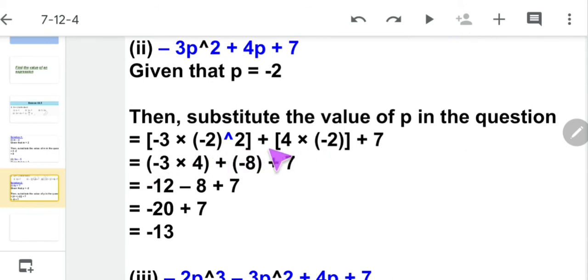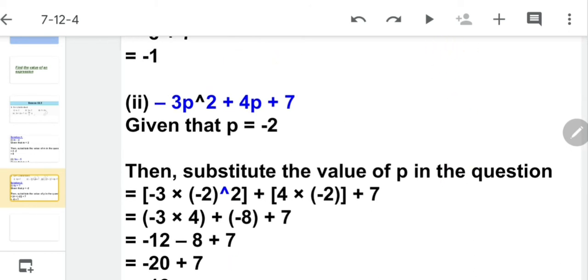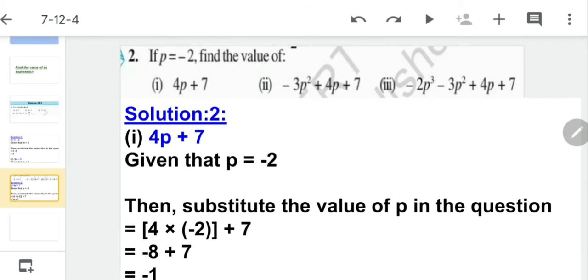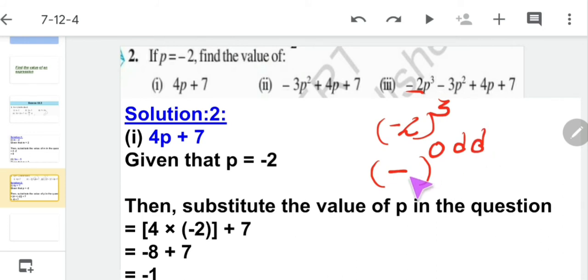This is the same way as I have already explained. Now let's look at the third part. You can see here we have -2 into p power 3. So p power 3, we all know that if we have an odd power on a negative, the answer will be negative.